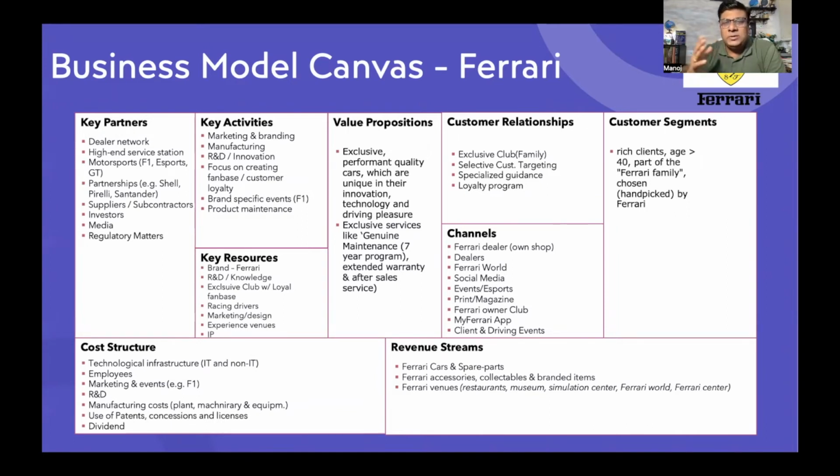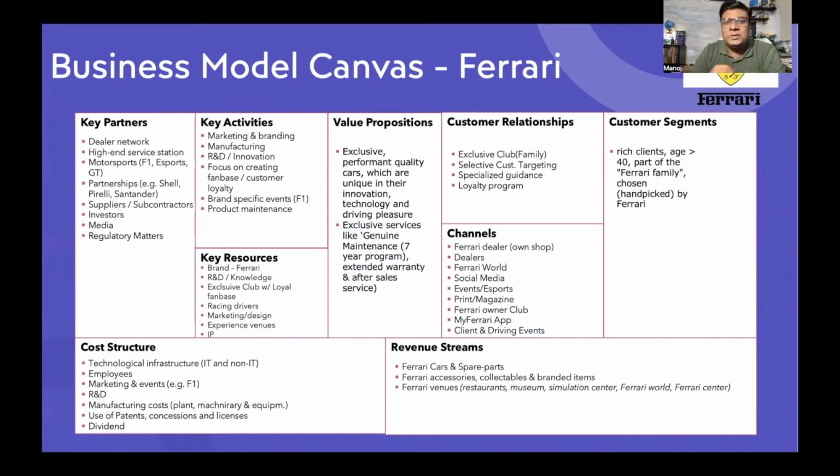In the case of Ferrari: dealer network, high-end services, motor parts, F1 and GT partnerships, partnerships with Shell, Spender or Pirelli, then suppliers, subcontractors, investors, media, and regulators. That way we capture all the details and fit them into the key partners segment.